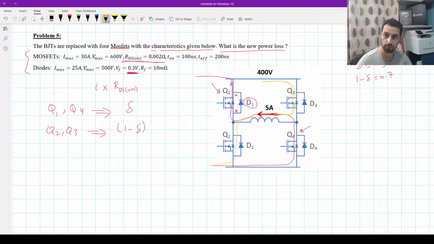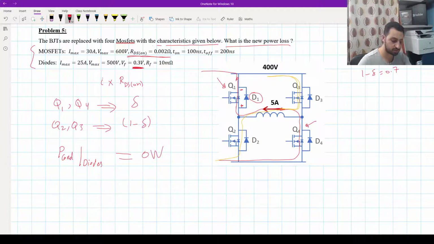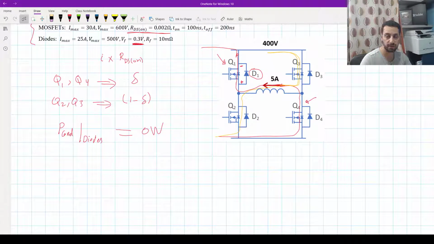Will the diodes be conducting? The answer is no, according to our analysis. So the conduction losses for the diodes equal 0 watt, because they will not conduct during the on time or off time. If we have dead time, yes, they will conduct.